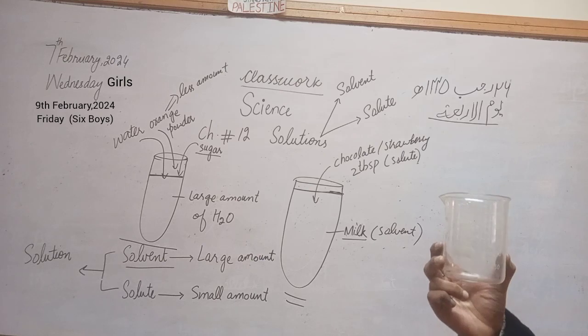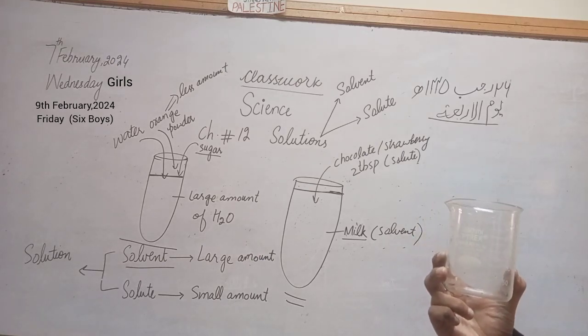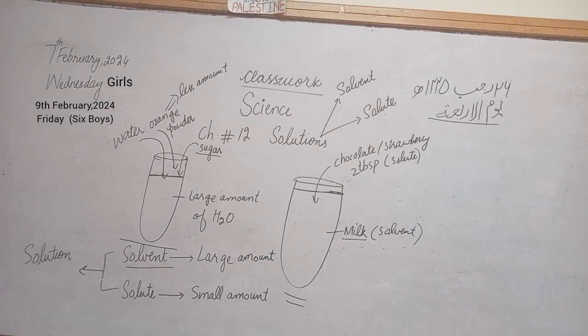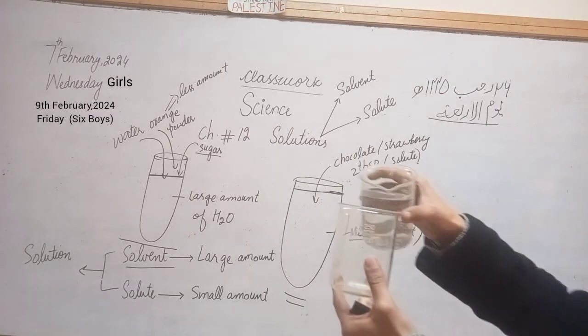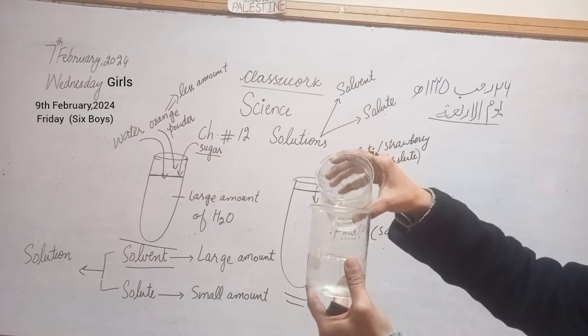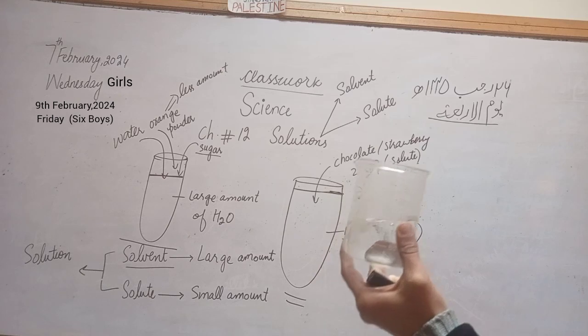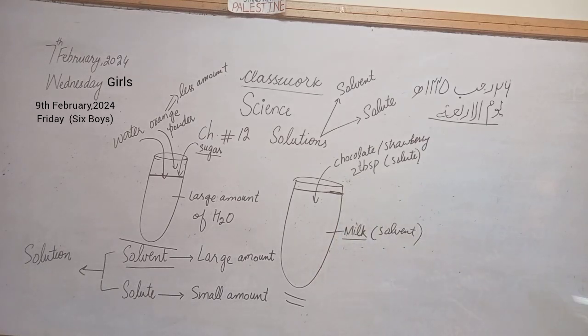In the home, you are used to taking glass, just like this. I told you that we will first add solvent. I will add solvent here. Okay? It is in the large amount. It is solvent.